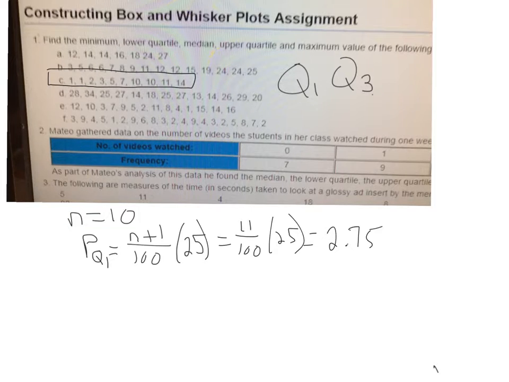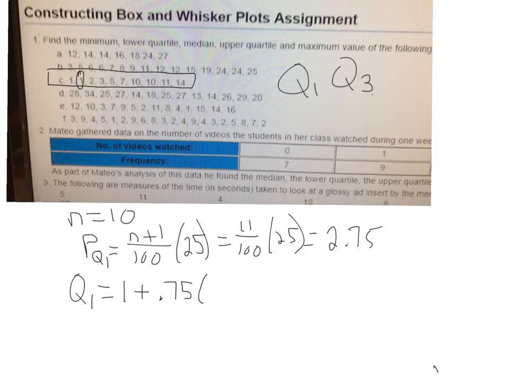The next part is to actually calculate Q1. If it says 2.75, it means to count over to the second value, and then from there I'm going to add 0.75 of the difference to the next value, because we're in between the second and the third value.